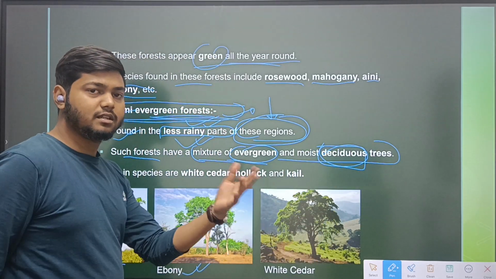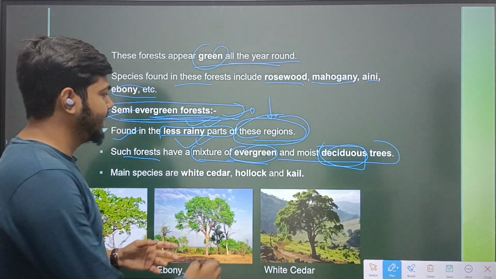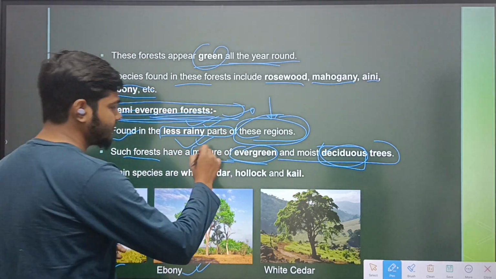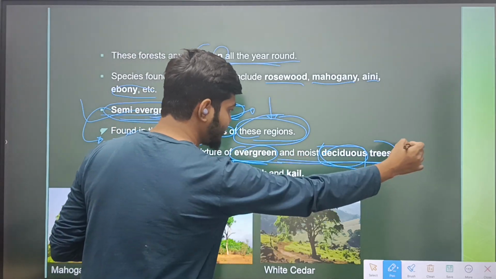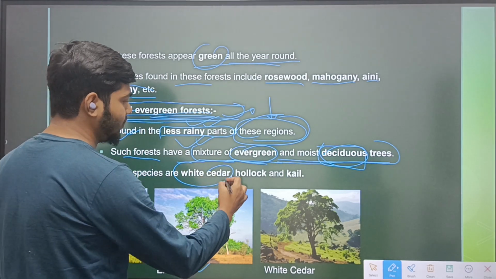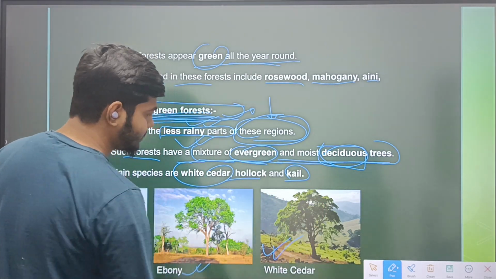Deciduous forests we will discuss in the next video. I just told you this for clarification: the semi-evergreen forest consists of evergreen as well as moist deciduous trees, and the main species are white cedar, hollock, and kail. This is a picture of white cedar, you can see.